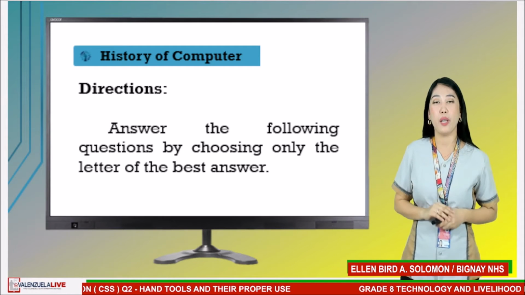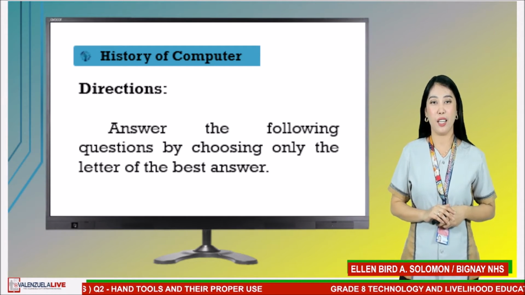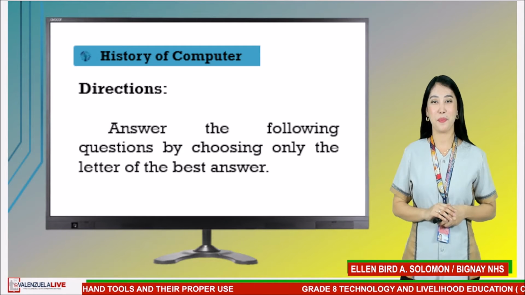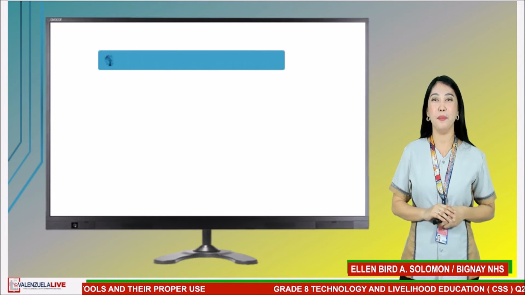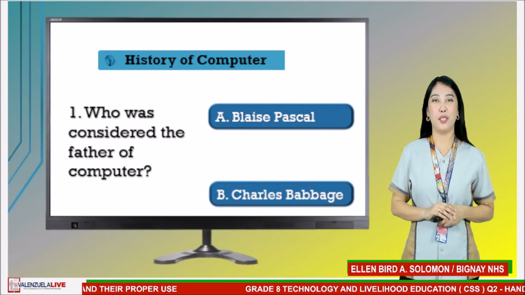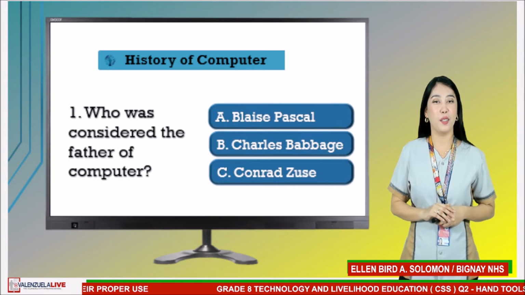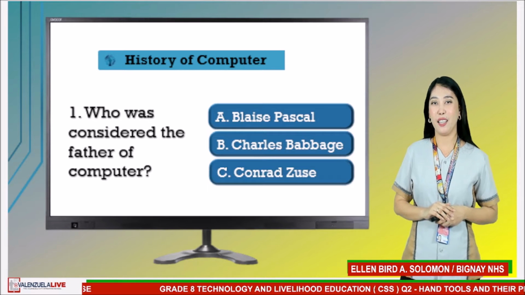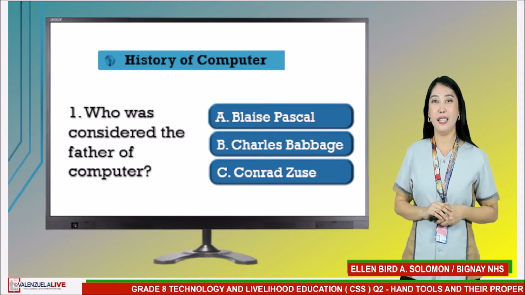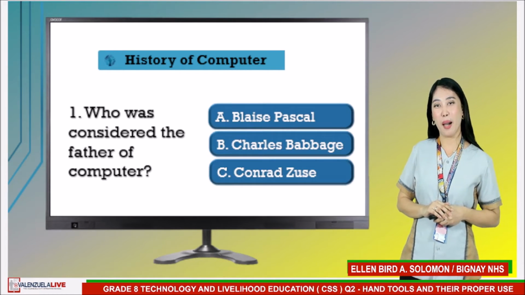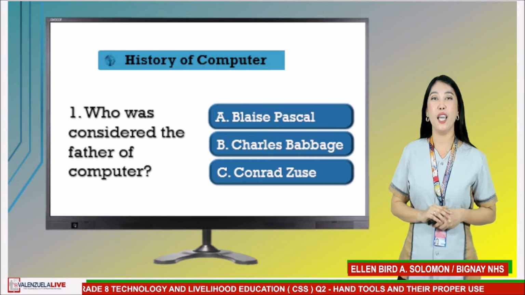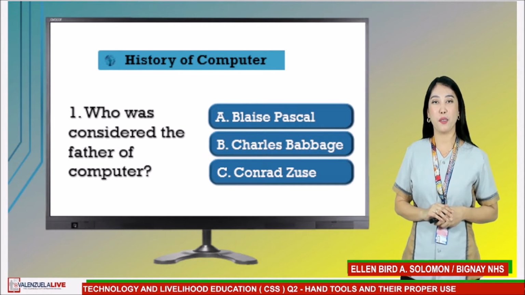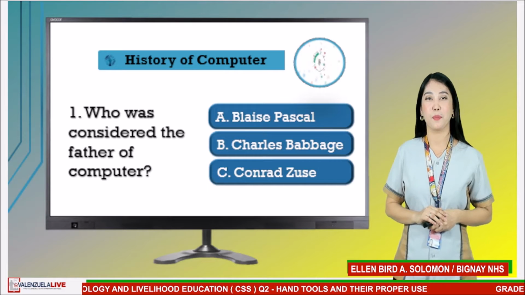Allow me to read each question and choices. Let's have number 1. For question number 1, who was considered the father of computer? A. Blaise Pascal, B. Charles Babbage, or letter C. Konrad Zuse. Your timer starts now.